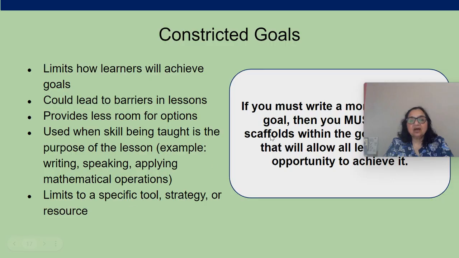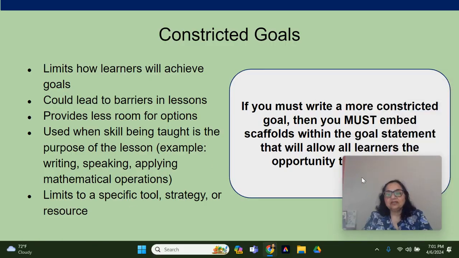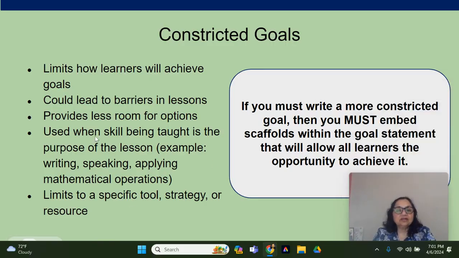Constructed goals limit how students are going to achieve because they don't give enough room or enough options. So it can only be used when the purpose of the lesson is like writing, speaking, or applying mathematical operations. Limits to a specific tool, strategy, or resource. If you want to write a constructed goal, then you must append scaffolds with the goal statement so that learners have the opportunity to achieve the learning goal.